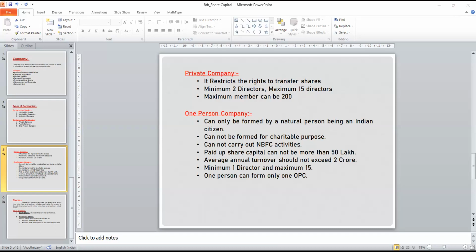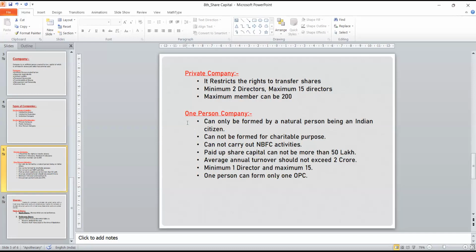Actually, I have some handwritten notes. Okay. So we were discussing the types of preference share.